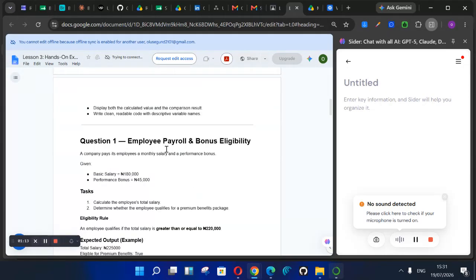Now this is the first question. The first question is employee payroll and bonus eligibility. A company pays its employee a monthly salary and a performance bonus. So this is the monthly salary and the performance bonus.